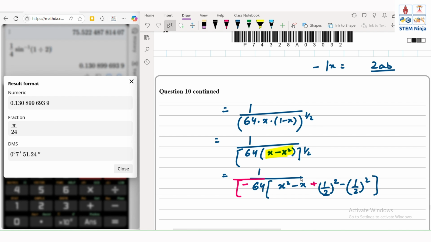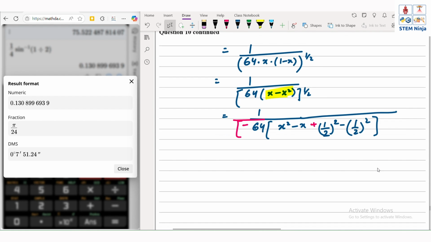So completing the square, basic P1. We get 1 over minus 64. This becomes a square, x minus 1 over 2 whole squared, minus 1 over 4.